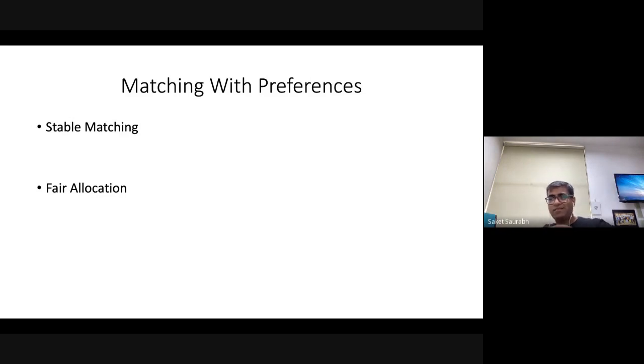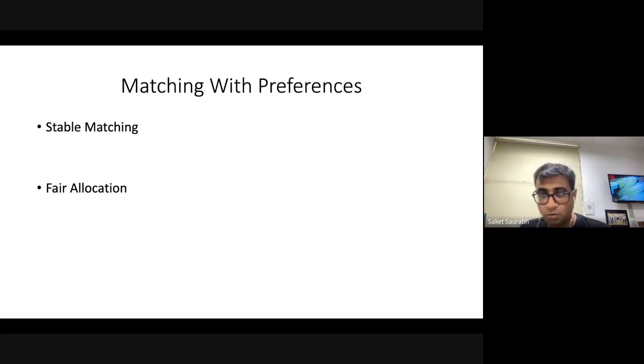So we can go from matching to the notion of allocation, and the notion of fair allocation. There are some four or five lectures which take matching to multiple objects and multiple people, and how to do stability and fairness so that nobody is unhappy. That aspect of matching and allocation will be dealt with in this workshop in some three to four lectures. So just wait for them.